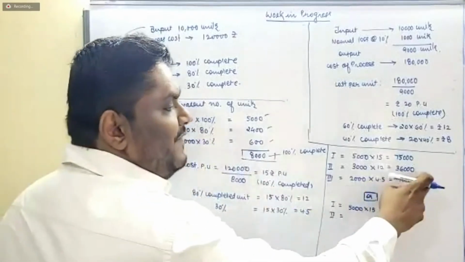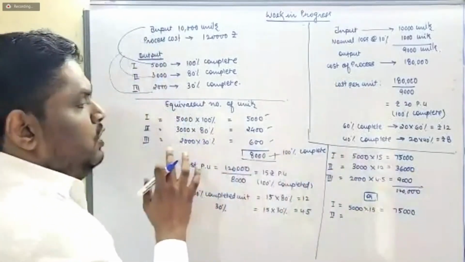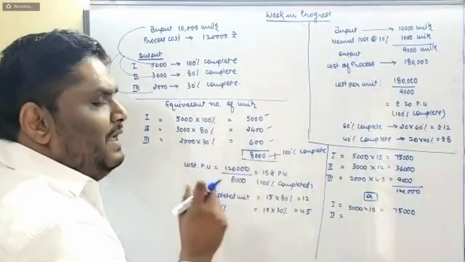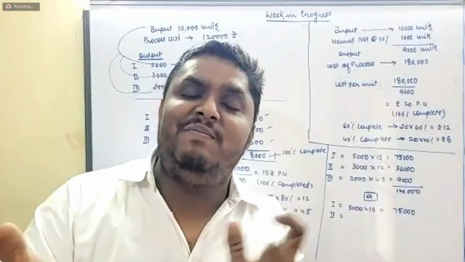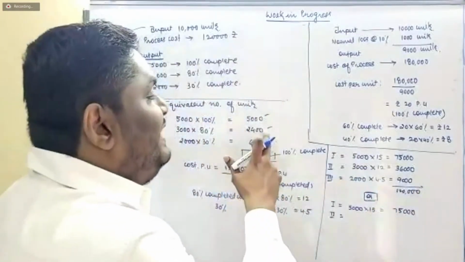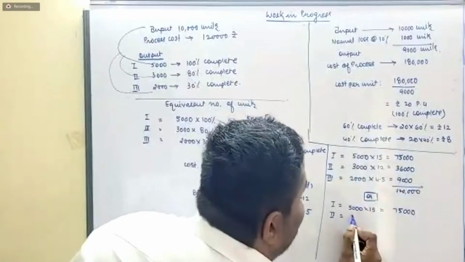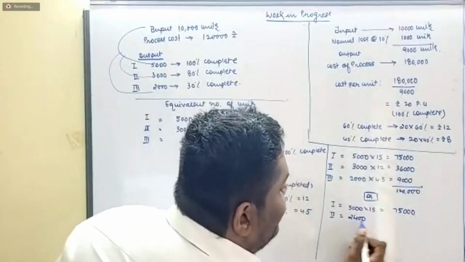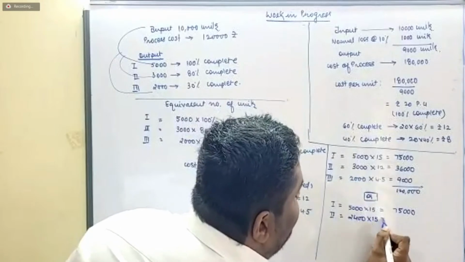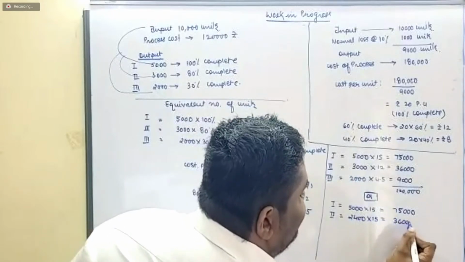The cost we have calculated is 36,000. Alternatively, we can say that the cost of 3,000 units that are 80% complete is equal to the cost of 2,400 units that are 100% complete. So 2,400 into 15, that will also be 36,000.